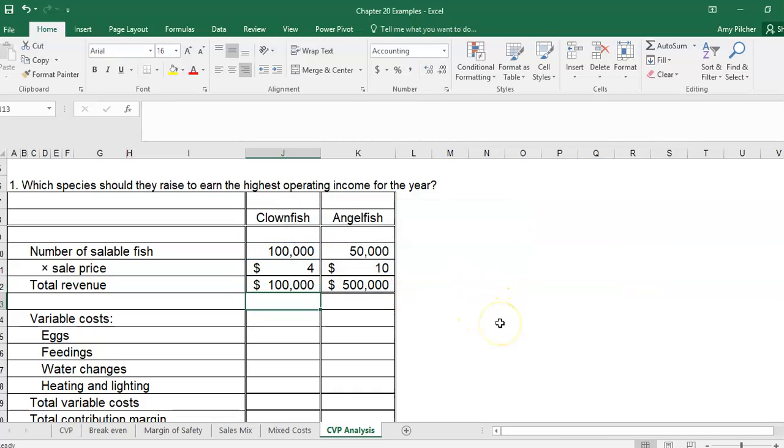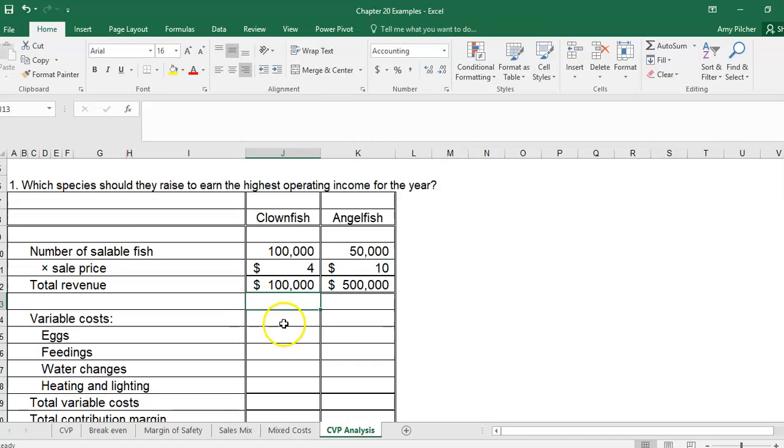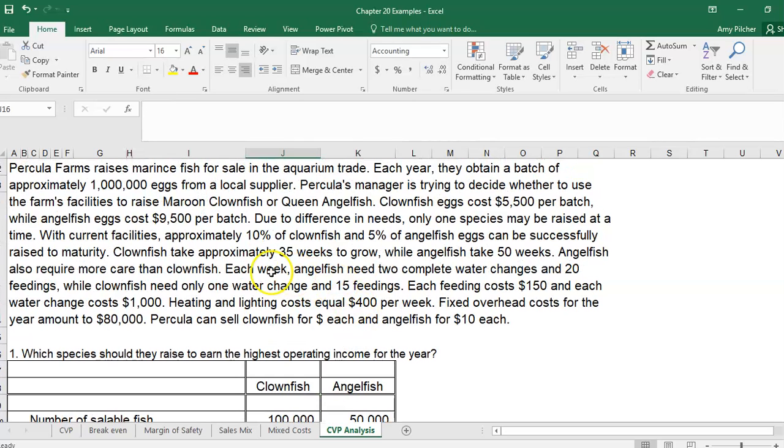Now we need to look at what our variable costs are. So we have cost of eggs. The clownfish eggs are 5,500 and the angelfish eggs are 9,500. Then our feedings. We have $150 per feeding.